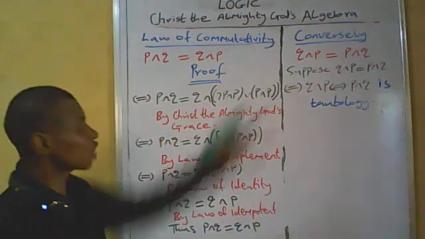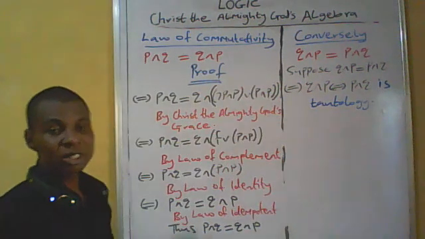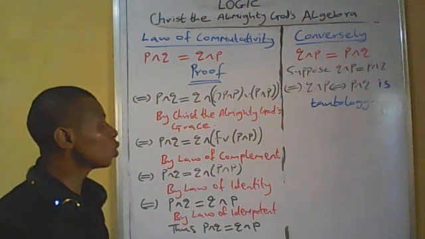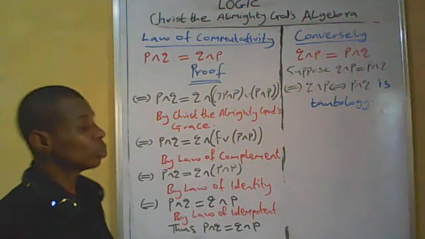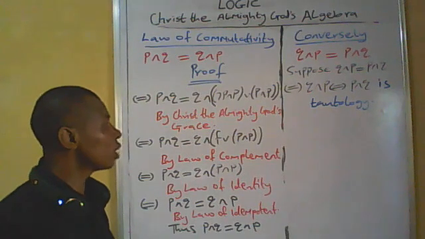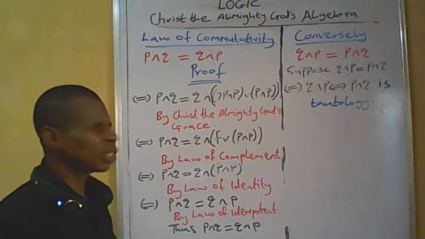Now you see that I have now transformed it to biconditional statement. That means Q and P equal to P and Q has now been transformed to biconditional statement. You have Q and P if and only if P and Q is tautology.